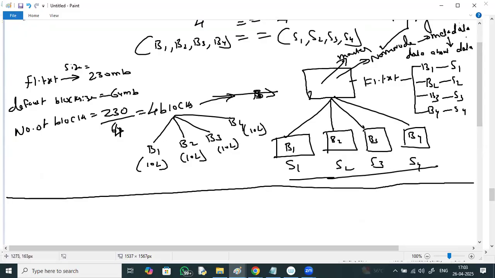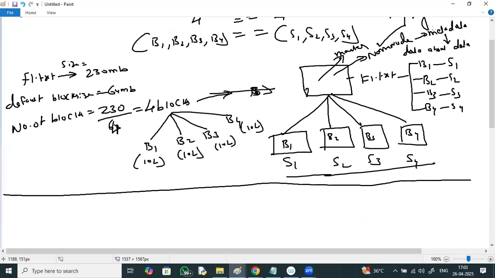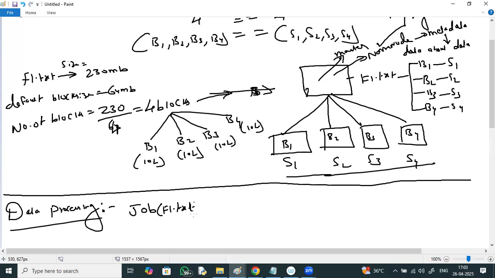That is data storage. Now let's talk about data processing. The job is to process the f1.txt file, a huge file, a bigger data file. Always in Hadoop, the job will be divided into tasks.